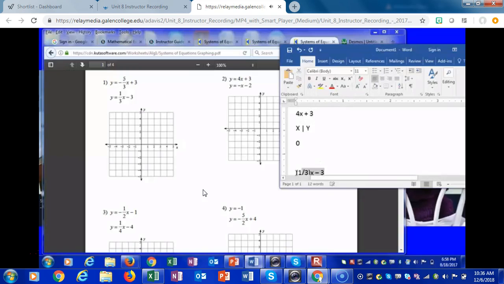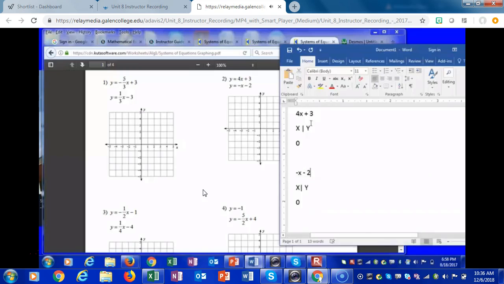And we have negative x minus 2. All right. So let's look at 0 and 1. These are just random points. 4 times 0 is just 0. 0 plus 3 is just 3. 4 times 1 is 4. 4 plus 3 is 7.